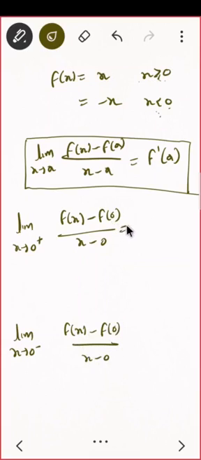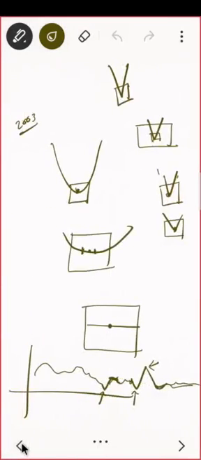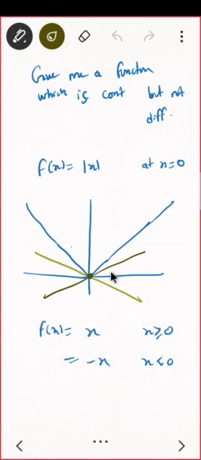Next step, what will we do? 0 plus means what? What will be the value of the function? 0 plus means I am coming from the positive side. Positive side means I am coming towards 0 from this side. So here everywhere it is x. So what is the definition? The function value is x.